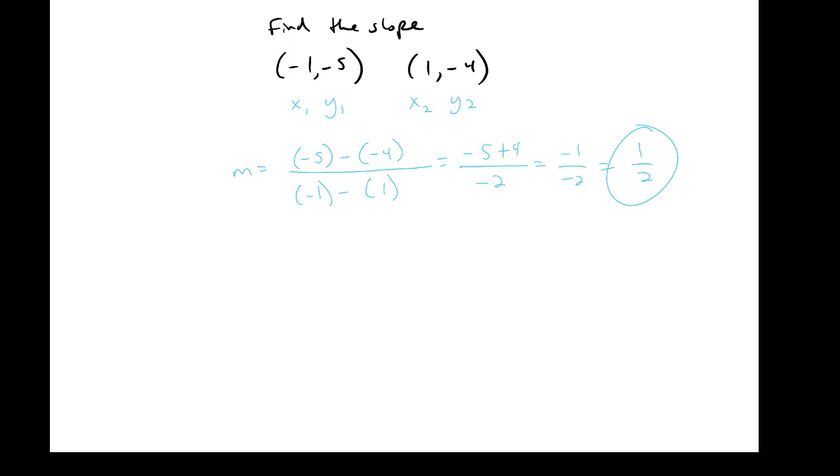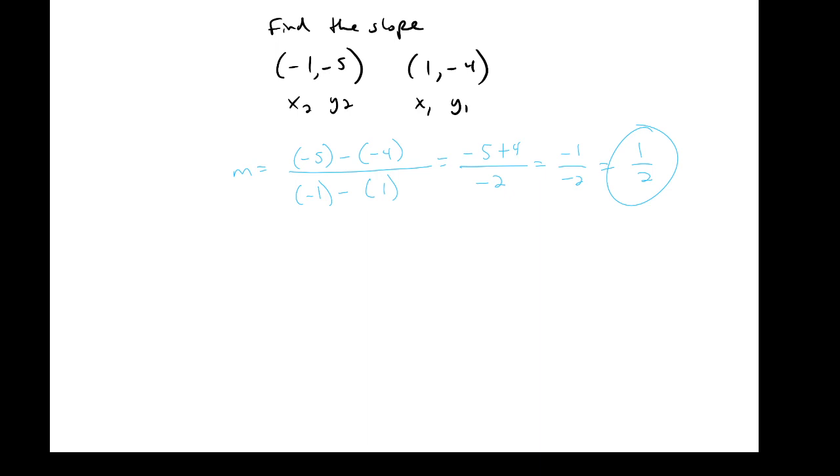There's your slope. Now, just for fun, we're going to do this reversing what's our first point and our second point. So we're going to call this guy x sub 2, taking this y sub 2, this x sub 1, and this is y sub 1.